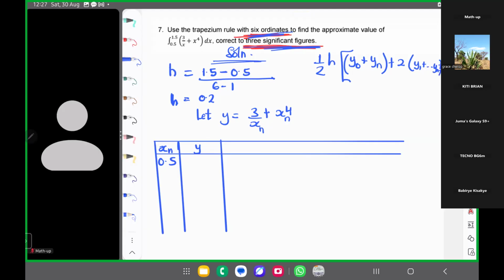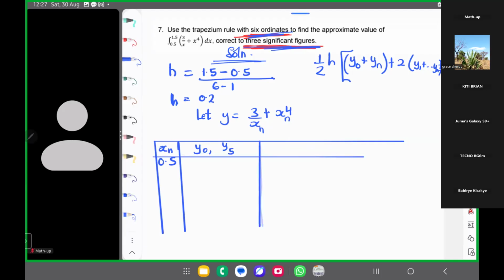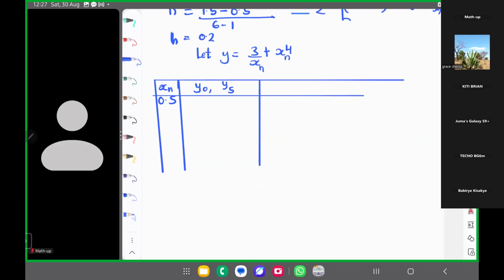So let us create a column that will have the sum of the first y value and the last y value, which in this case will be y subscript 5. Then a column that will have all the values between the first and the last, from y1 up to y4.